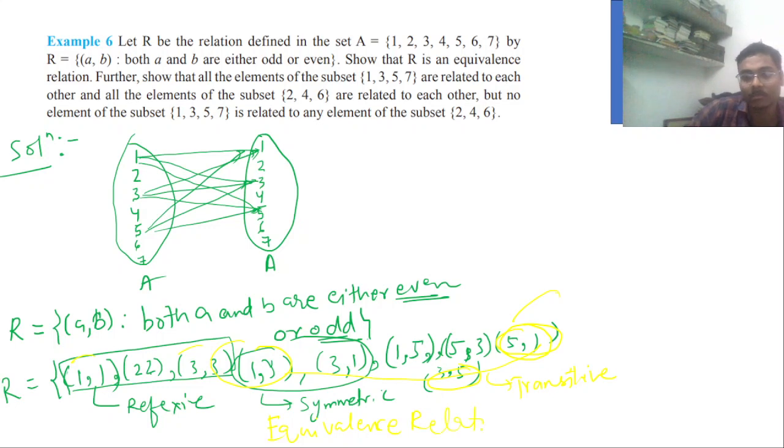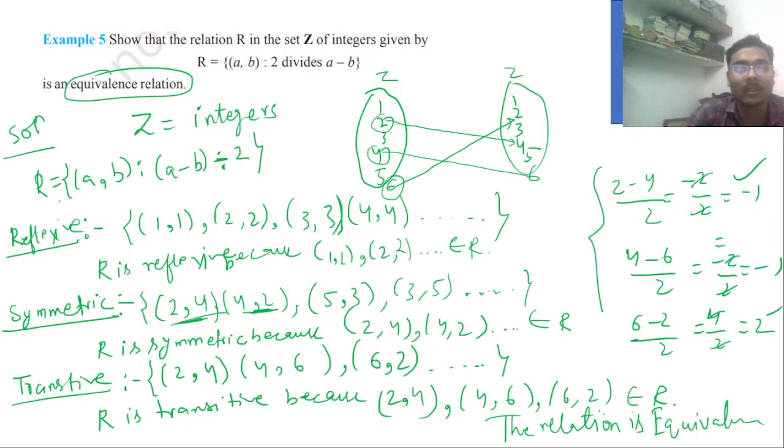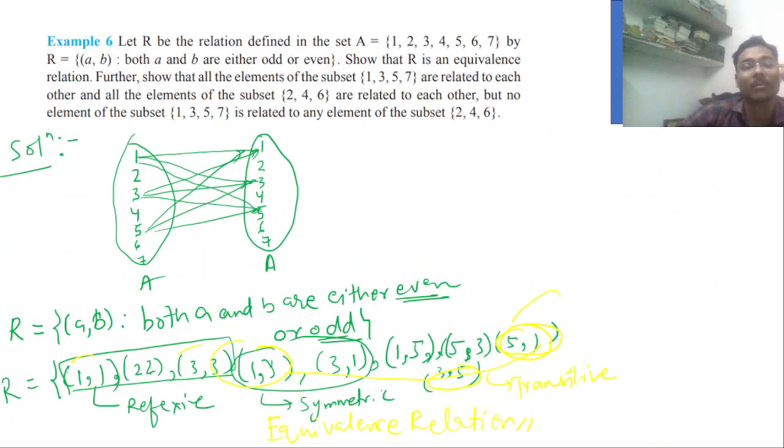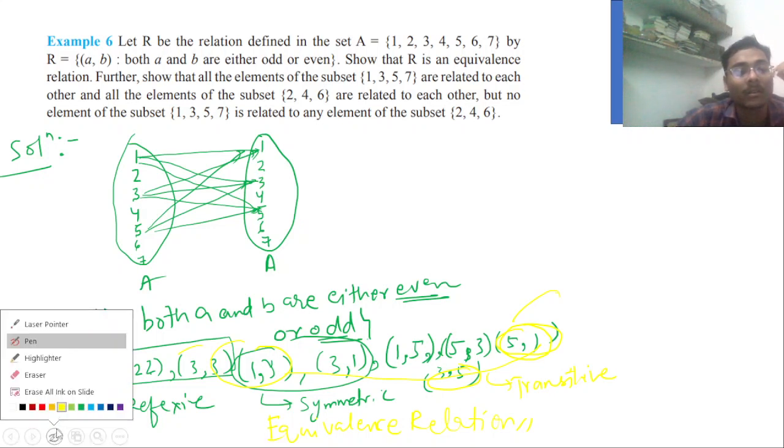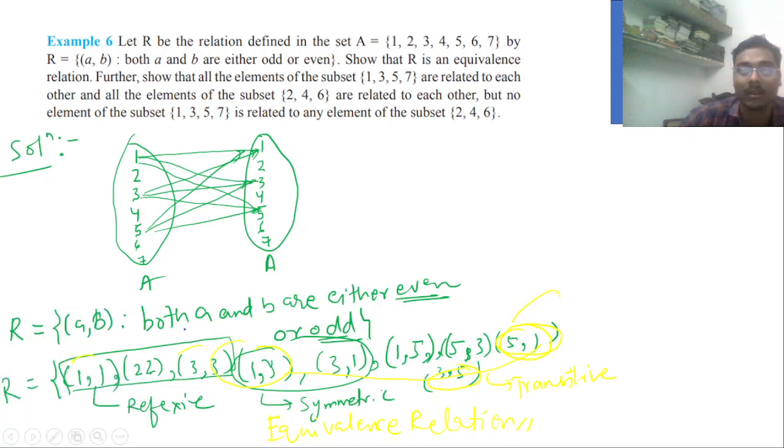As I explained in the earlier question, you will also have to write the same pattern for this question. I'm not writing it here because there is another part which we will have to solve once again. So we have solved till here.